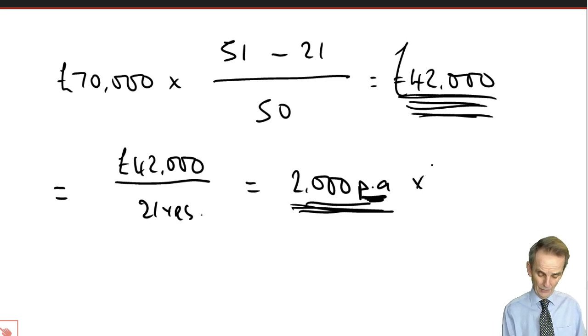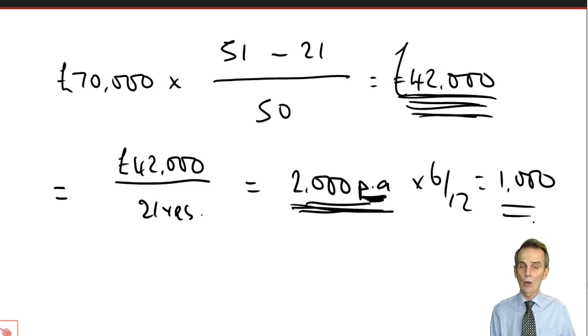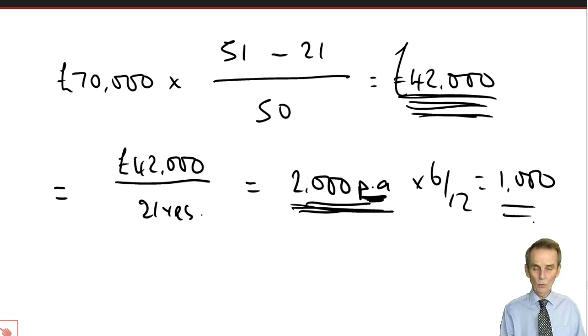So therefore, you take 6/12 of that 2,000, and that would mean for the year ended December 21, £1,000 deduction would be available. For each full year then, so from the year ended 31st of December 22, you'd be deducting your £2,000 per annum.